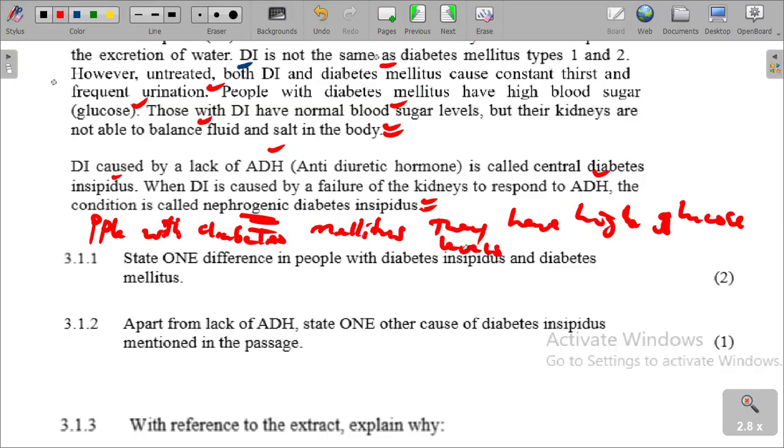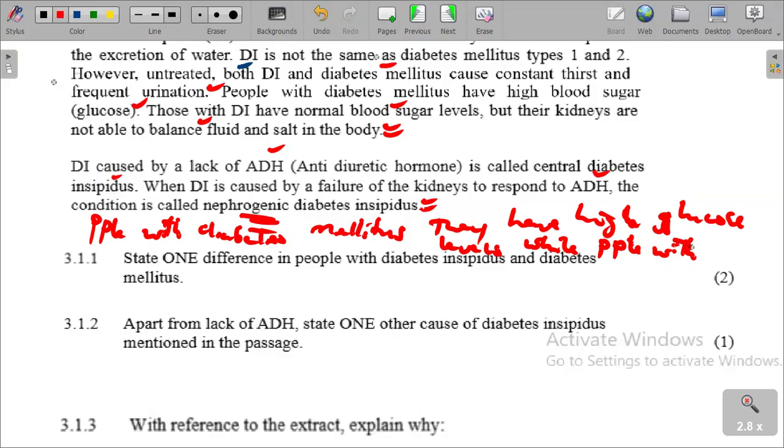Well, people with diabetes insipidus have less. But don't forget that I'm only writing in short here because these are notes; in the exam you don't write in short form.